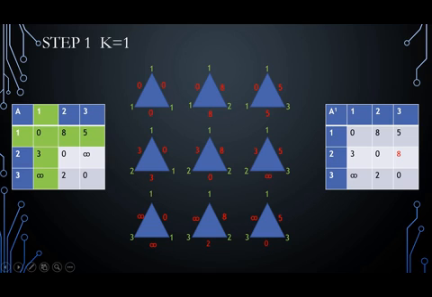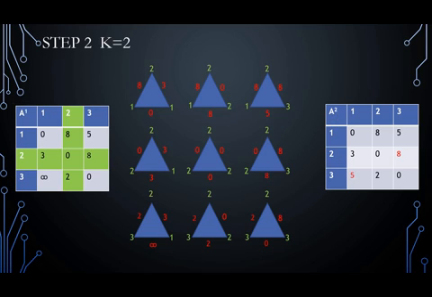Infinity plus 5 compared with 0 remains a 0. So the first step is done, where we have considered k is equal to 1. By using 1 as the intermediate node, I have got all the shortest distances and I have called this matrix A1. Now step 2, I'll consider k is equal to 2.